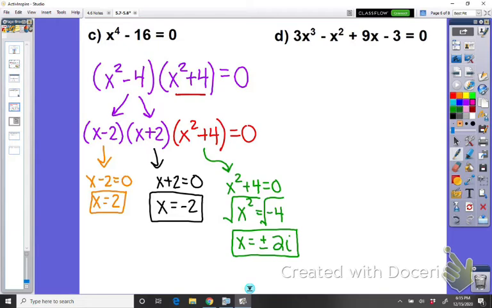So let's reflect here. It was a degree 4, so I should have 4 answers. So these two make 2 real roots. These are real numbers. And because you have the i here, the plus or minus takes care of the other 2. So you have 2 imaginary.